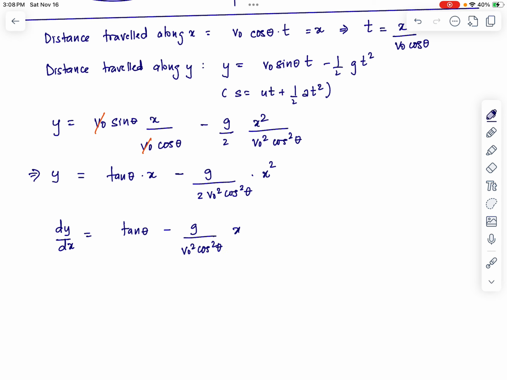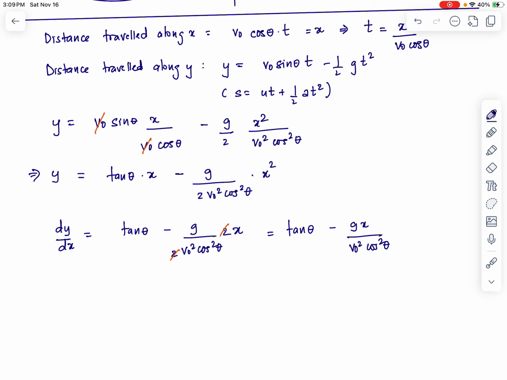There's a 2x and there's a 2 here, and these cancel out. So what we have here equals tan theta minus gx divided by v0 square cosine square theta.